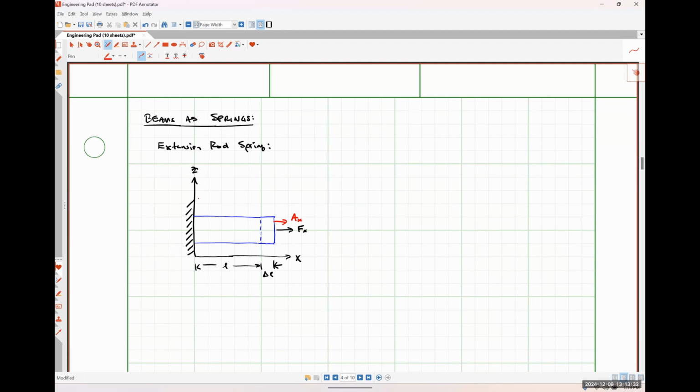All right, so we can use the relationship between normal stress and normal strain. Txx is equal to Young's modulus times Sxx.